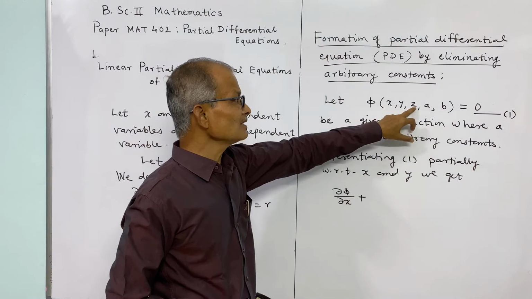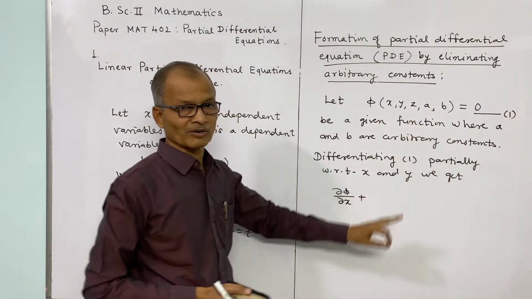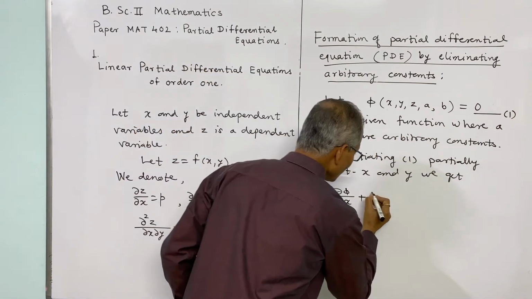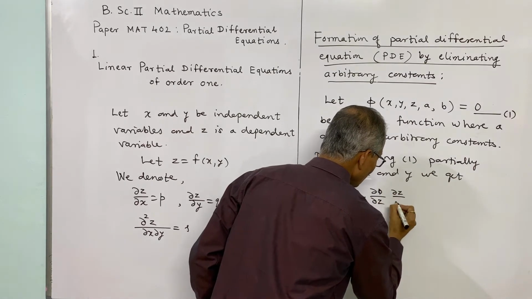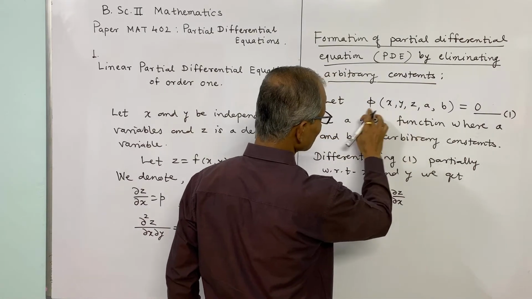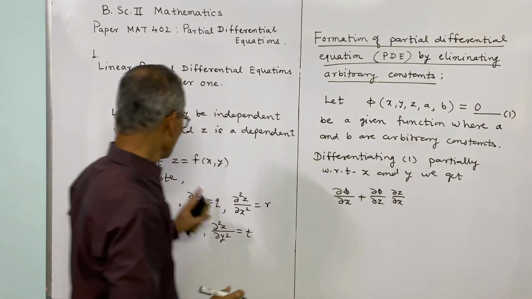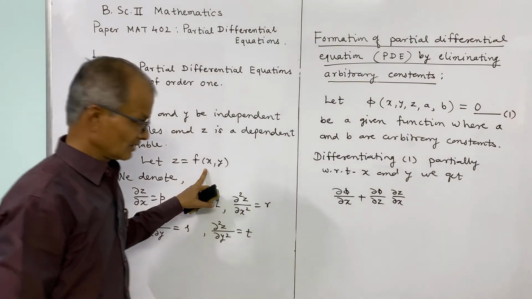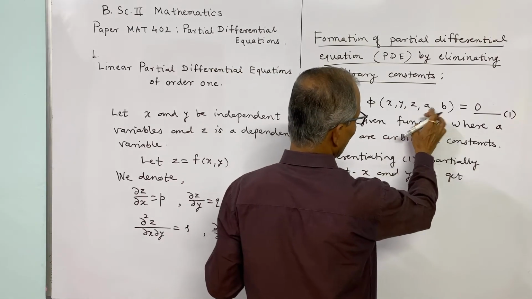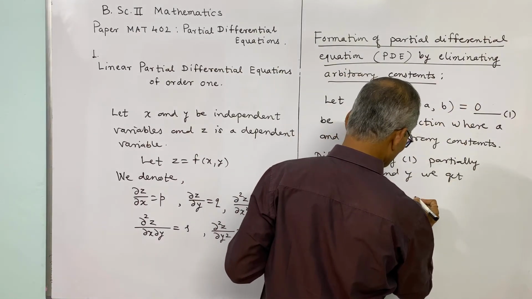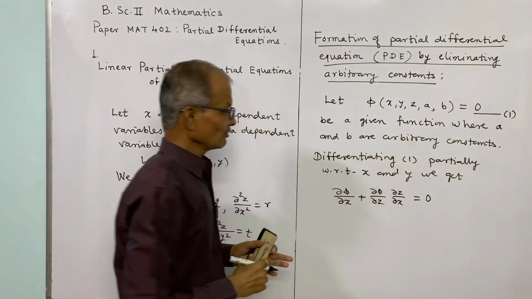But z is dependent on x, therefore we differentiate z with respect to x using the chain rule, and that will be dou phi by dou z into dou z by dou x. Phi is a function of z: first differentiate phi with respect to z and then z with respect to x, because z is also a function of x. Thus here we have used the chain rule. The a and b are constants, so their derivatives will be 0, and this much is the partial derivative of phi with respect to x.